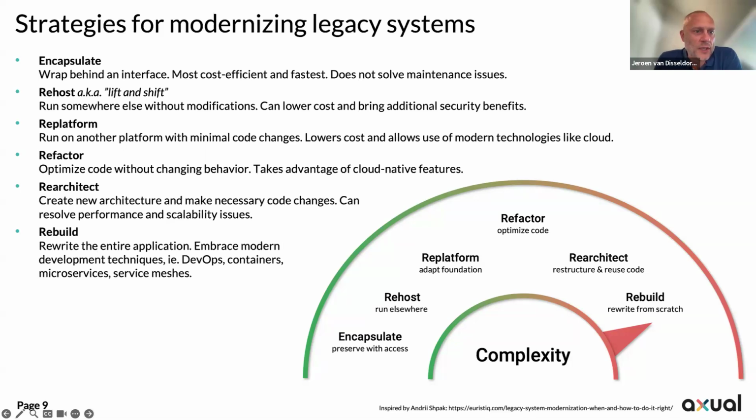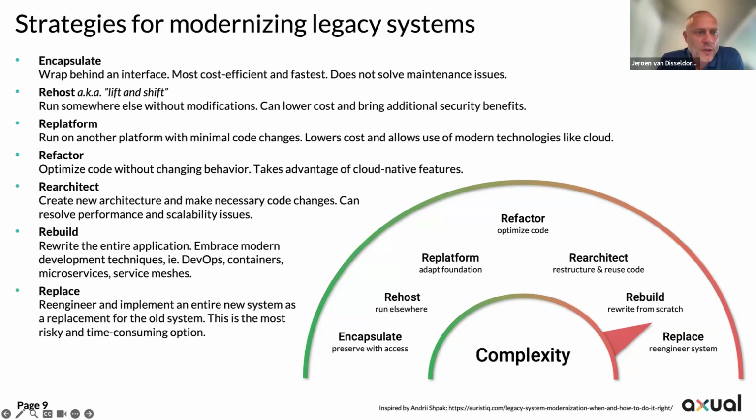Rewrite the entire application, so embrace modern technologies, DevOps, microservices, etc., and rewrite your system from scratch. Or if you really want to go all the way, you re-engineer the entire application, maybe as a new system that replaces the old one in the long run. Of course, the impact and the project risks associated with every method go from low to high.